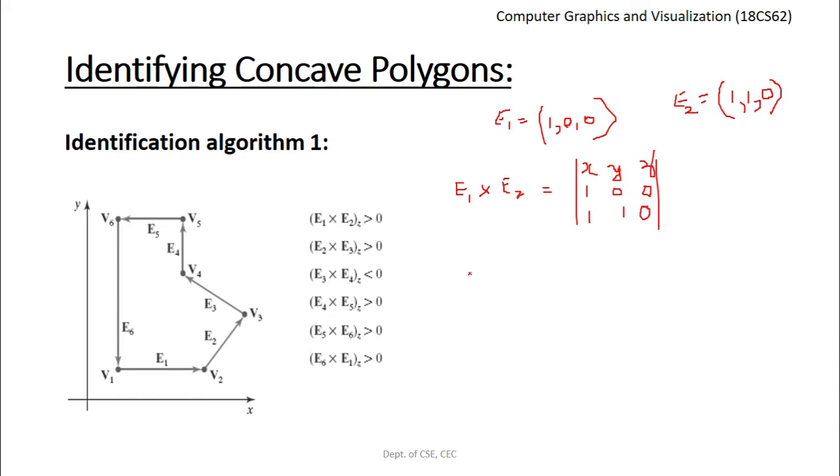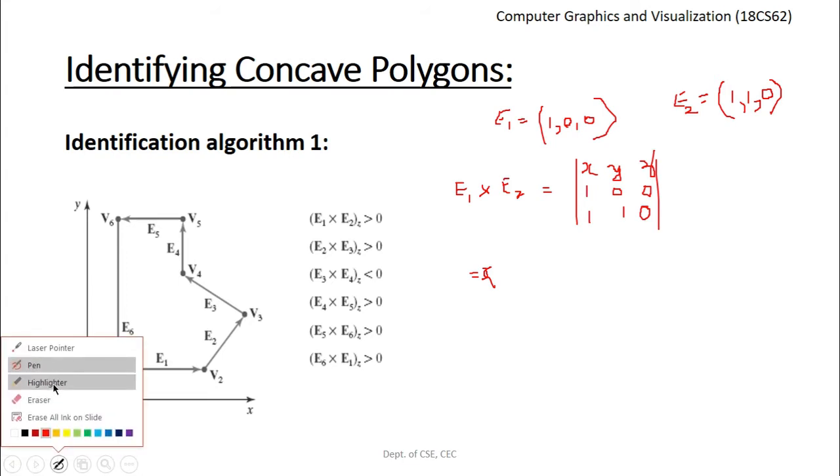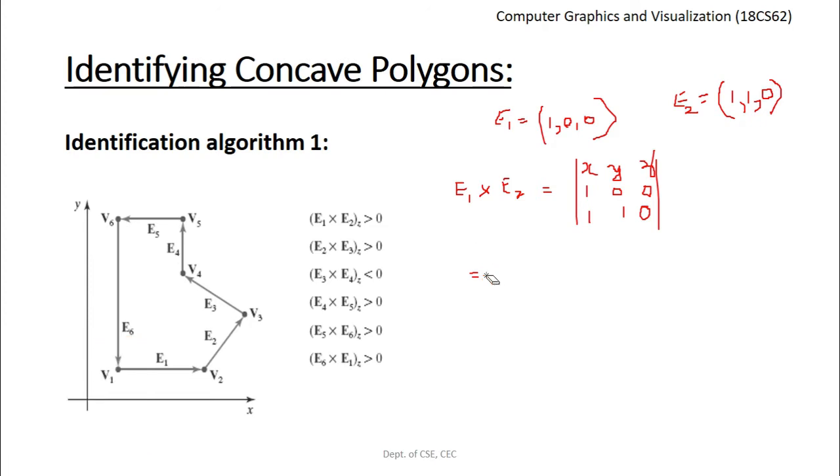It is a determinant. How do you find the determinant? It is given by x into the diagonal, the opposite determinant value. Let me just rewrite it.